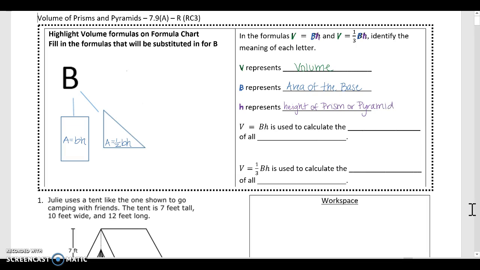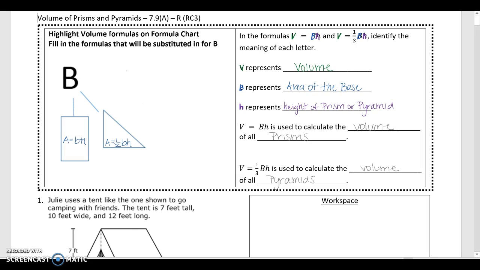Okay. All right, so volume equals big B times height is used to calculate the volume of all prisms. And V equals 1/3 area of the base times height is used to calculate the volume of all pyramids.